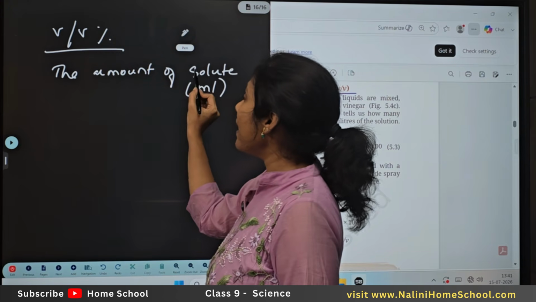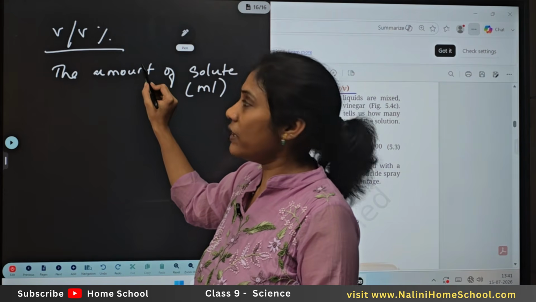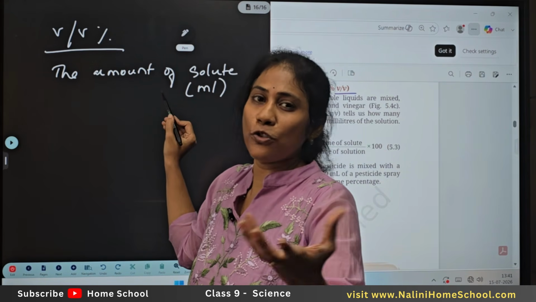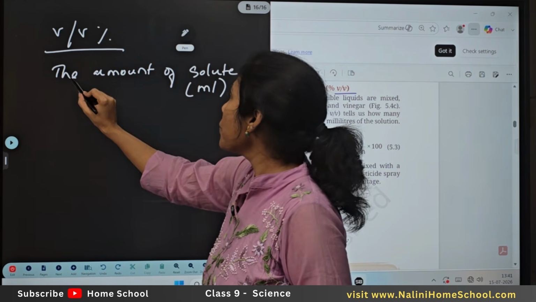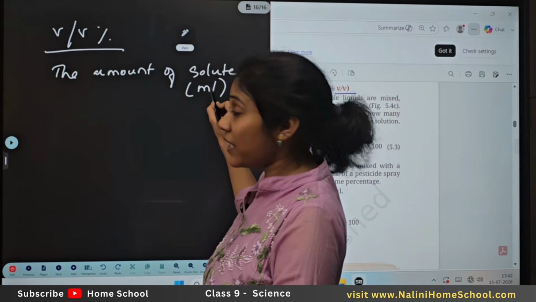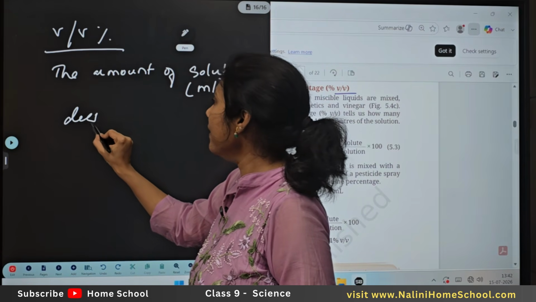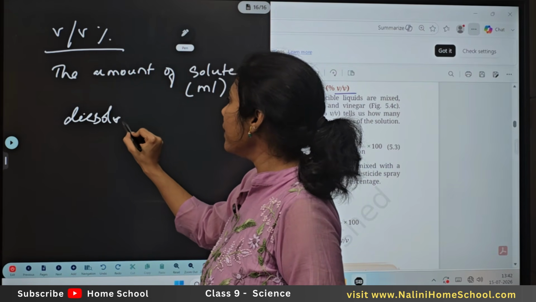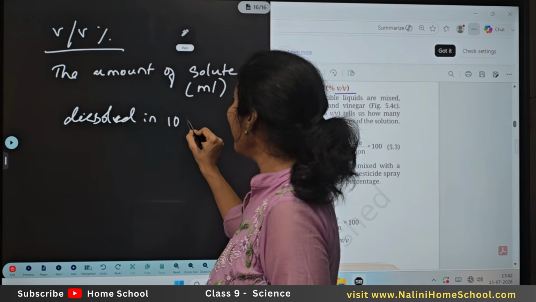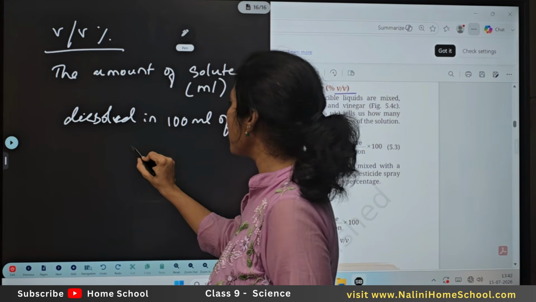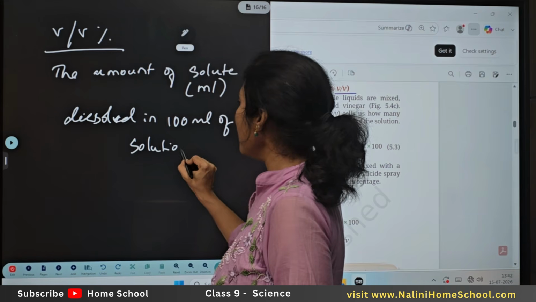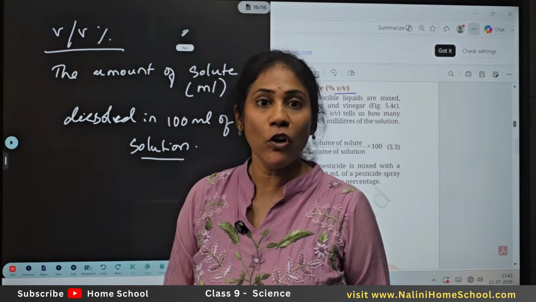So we have considered volume for solute, and volume for solution also. The amount of solute we are measuring in ml, dissolved in 100 ml of solution, is called volume by volume percentage.